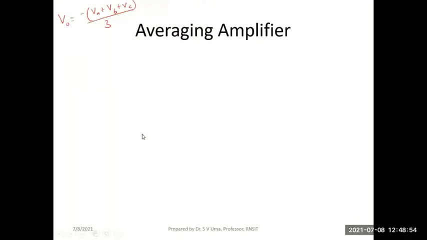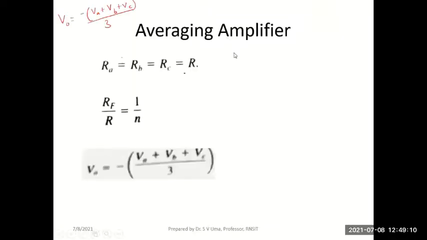What is the expression which we know? Please consider the expression: V0 is minus RF by RA VA minus RF by RB VB minus RF by RC VC. I am putting the minus sign inside, so I have a minus sign in all the three terms.